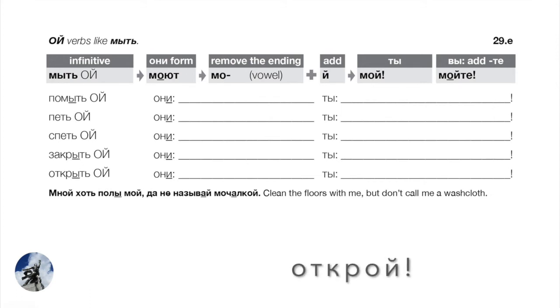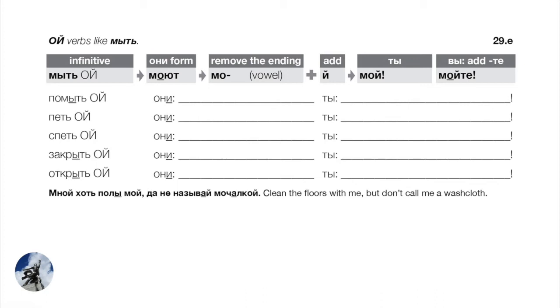Here's a funny пословица. Мной хоть полы мой, да не называй мочалкой. Okay, so our imperative here is мой, and we're saying мой полы, right? Wash the floors, right? The хоть here means like you can even go so far as to wash the floor with me. It's a little bit hard to translate that хоть. But мной is an instrumental, the instrumental case form of я.